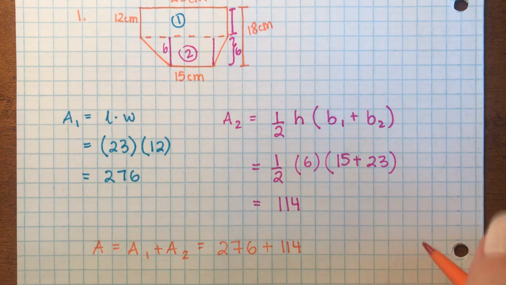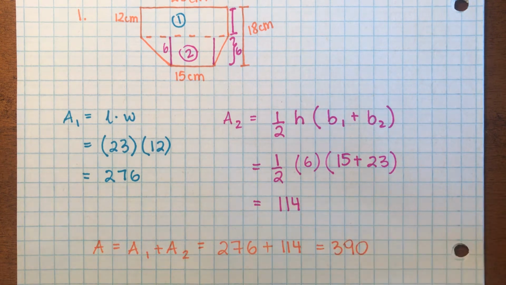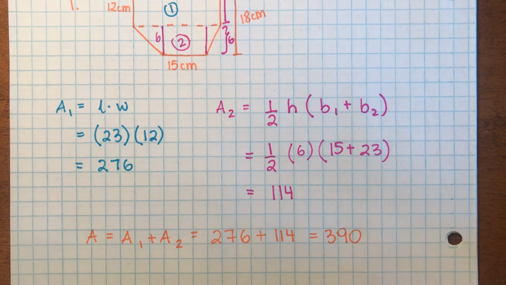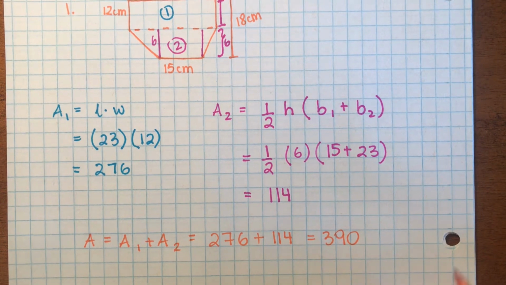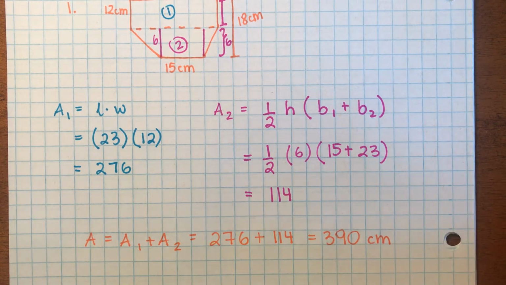When you add these two together, you should get 390. Now, in the final answer, you need to include your units. Our units were centimeters, but because we're talking about area, we need to have centimeters squared. Our units need to be squared.